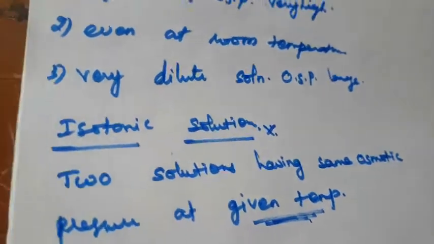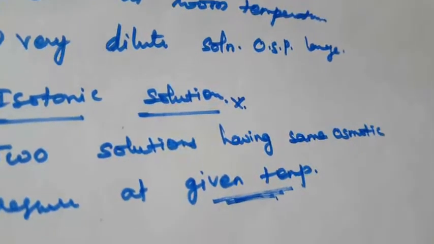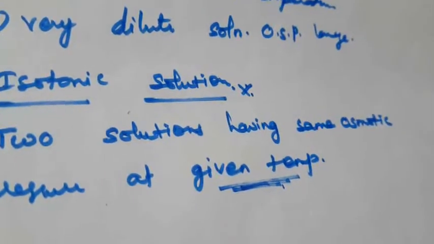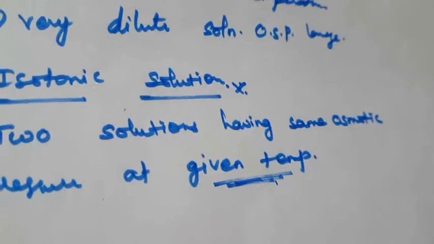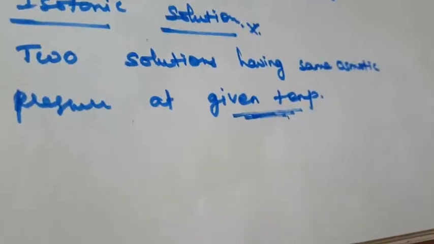So here, if such solutions are separated by a semi-permeable membrane, the solvent flows between one and the other in either direction. The net solvent flow between two isotonic solutions will be zero, because both sides have the same pressure.